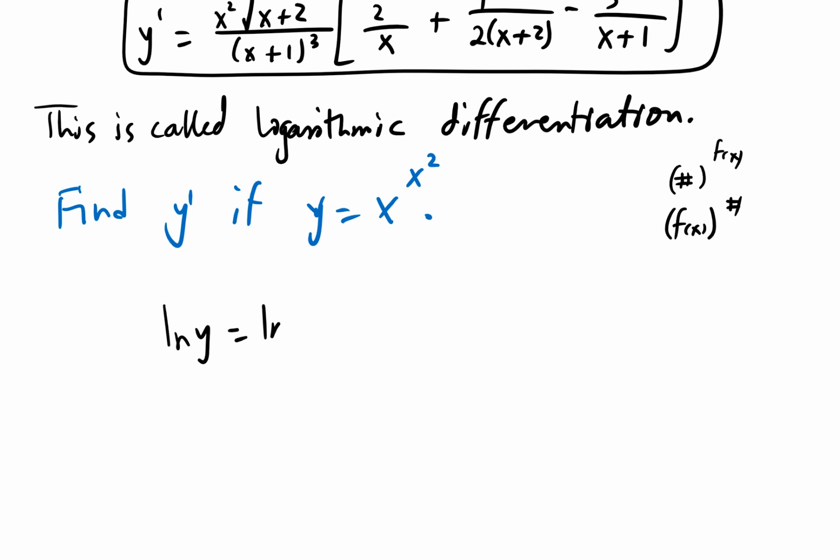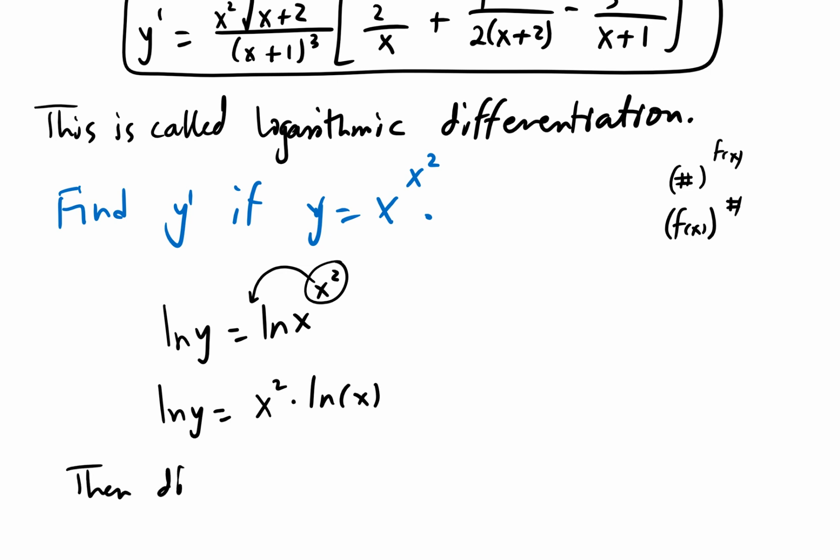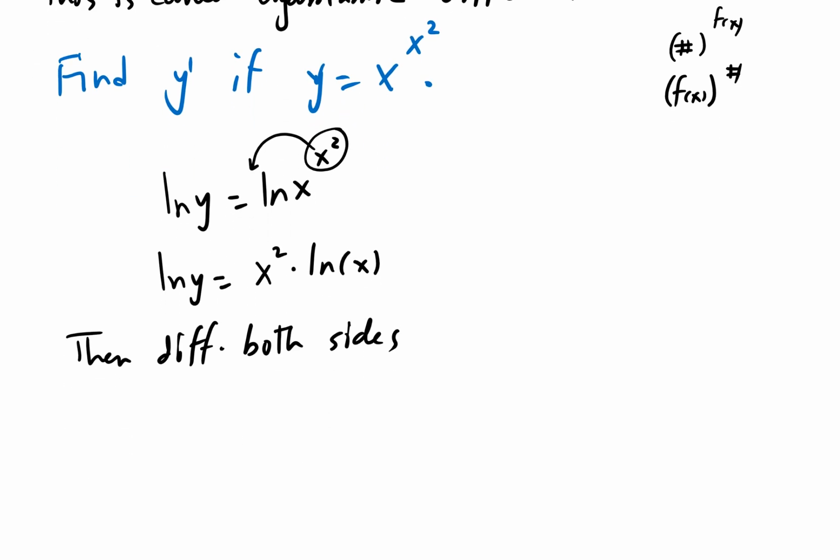We take ln both sides, keep the left hand side the same, bring the x squared down by the properties of natural logs, then differentiate both sides. What's the derivative of natural log of y? It's y prime over itself equals, what's the derivative of x squared?